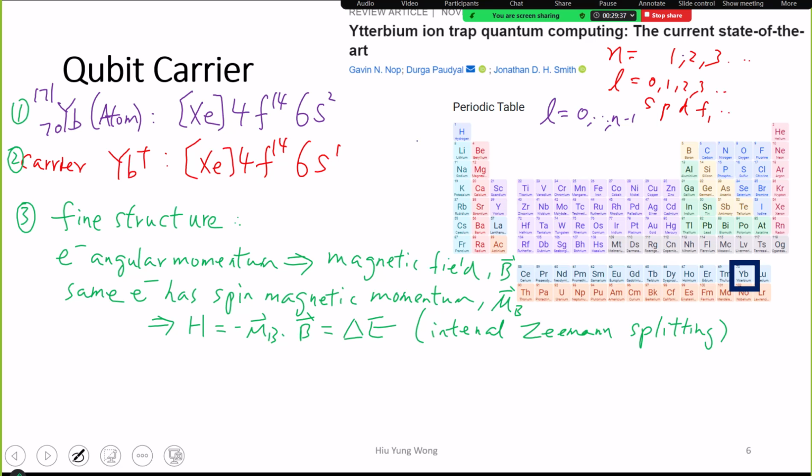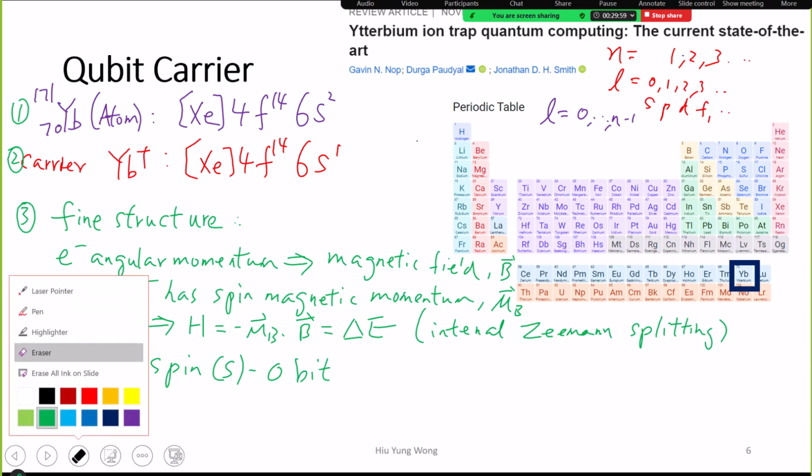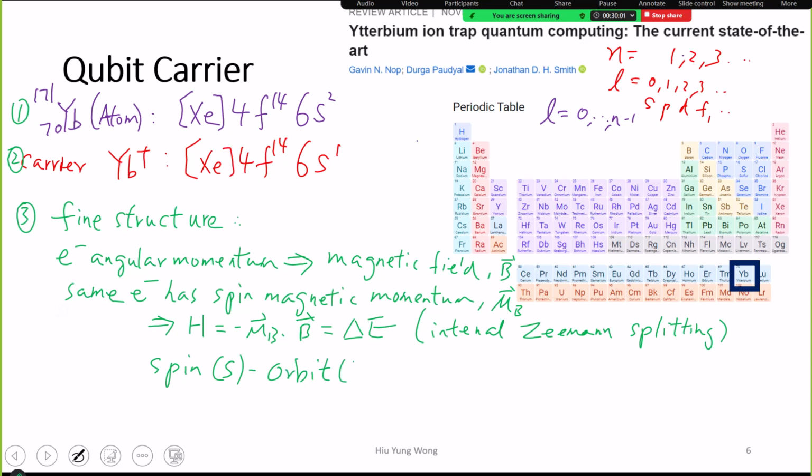And for those who have learned solid state physics, when you try to calculate the band structure, you are probably very familiar with this. This is what we call spin-orbit coupling, because you're rotating, there is angular momentum, which is due to L coupling, or we call it LS coupling.